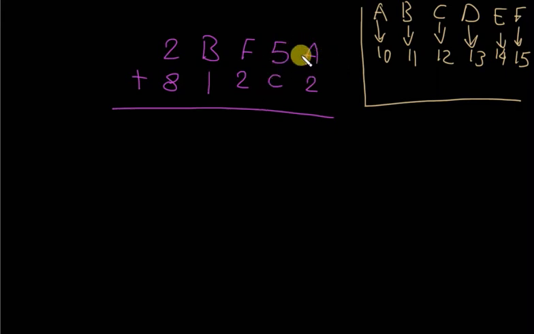The first thing that we have here is A, which is 10, and we are going to add 2 to it. So A, 10, is going to be 11, it's going to be 12. So for 12, we have C. So here, we're putting a C for the answer. These are all base 16.